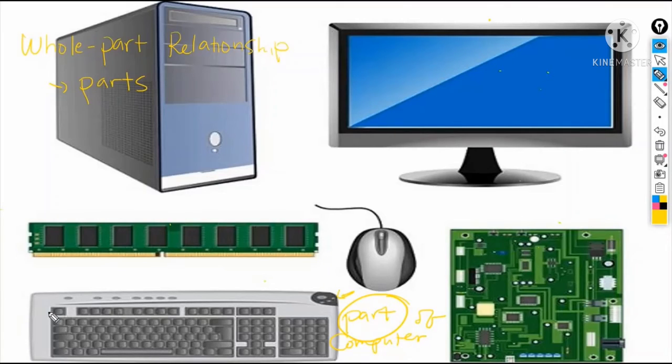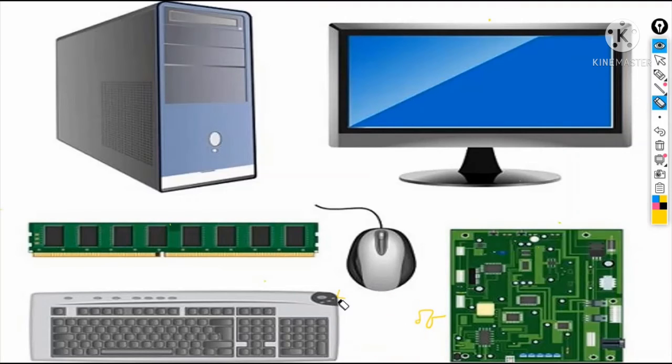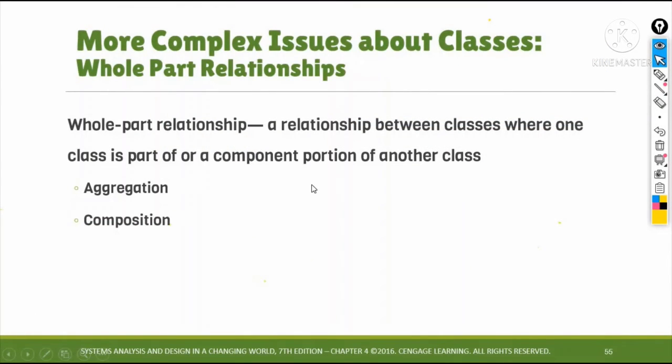Whole-part relationships are used to show associations between one class and other classes that are parts of that class.